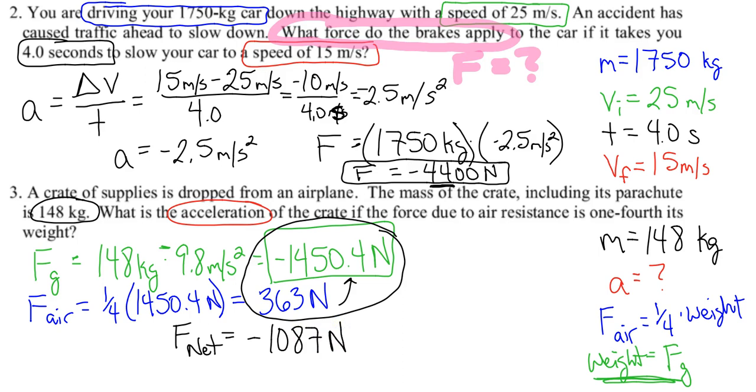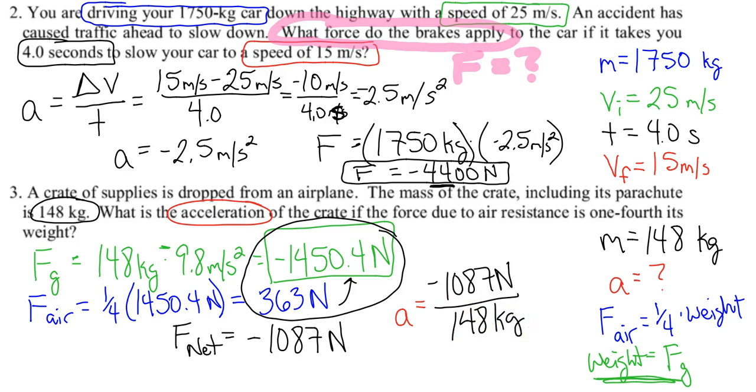So in order to figure out the acceleration, acceleration is equal to the net force of negative 1,087 newtons divided by the mass, which is 148 kilograms.